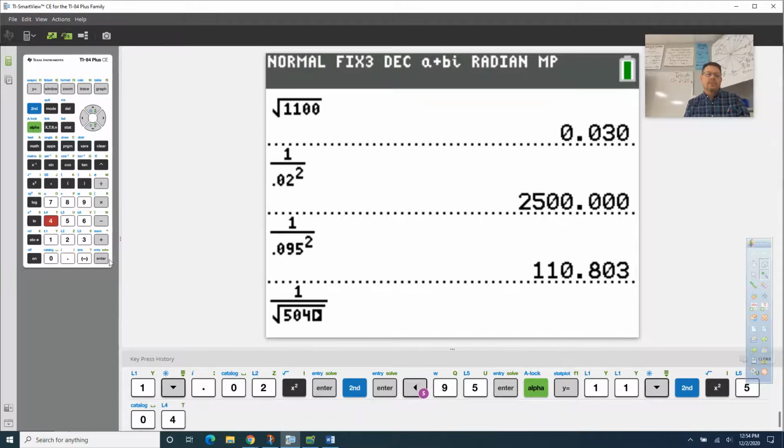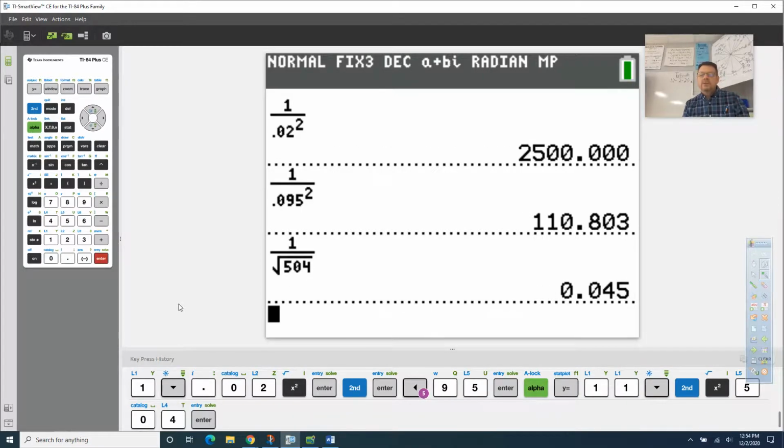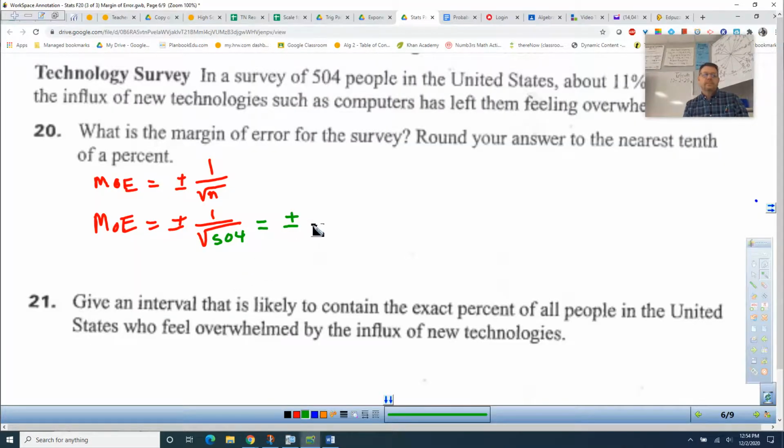Oh, 4. Okay, so we're going to have 0.045. I'm sorry, plus or minus 4.5%.